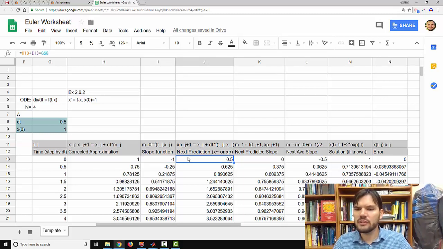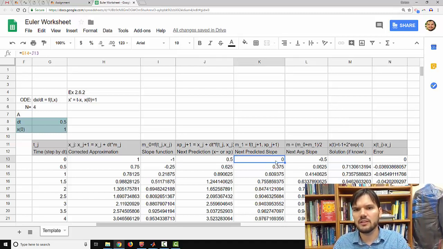So first I predict what Euler's method would tell me. So that's the same value we had in the previous columns, but I'm only using that as a prediction, the next prediction. And then from that prediction, I calculate the next predicted slope.